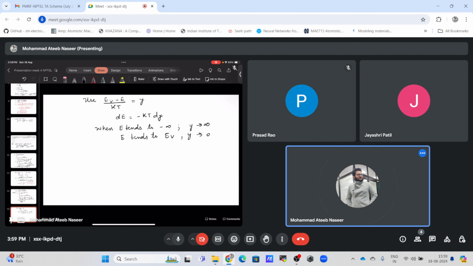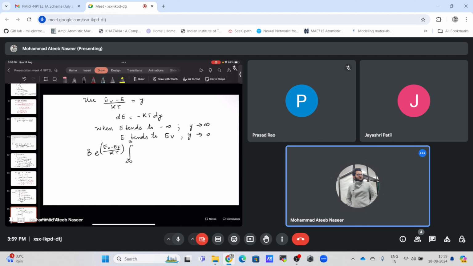So the limits will be minus infinity going to plus infinity, and EV going to 0.